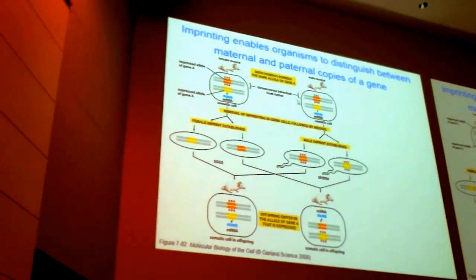The other thing that this methylation allows cells to do in eukaryotes is distinguish maternal from paternal DNA. This is one way in which you get expression from only one copy and not from both copies. A second way is the X inactivation that we've talked about. While X inactivation is random, for imprinting it's always only one of the copies.